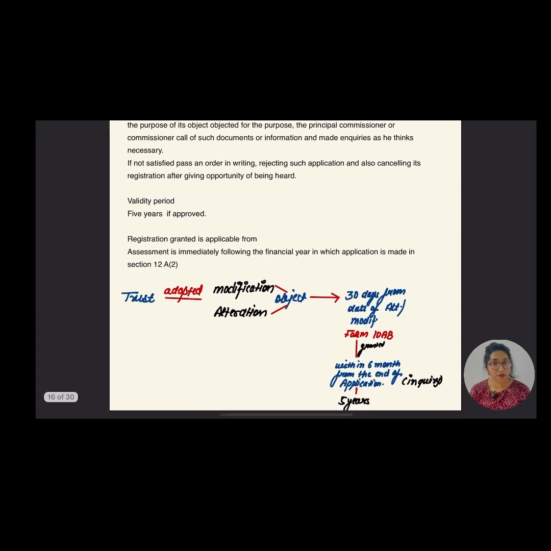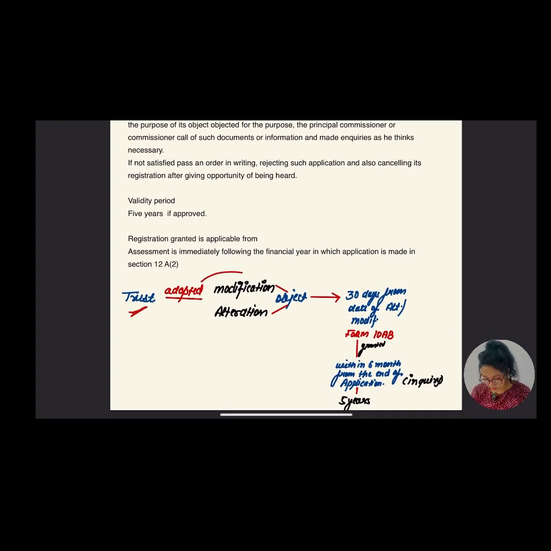If the trust adopts either a modification or alteration of the objects, then within 30 days from the date of alteration and modification, once the adoption is done, of the objective of the trust, they have to apply for registration.